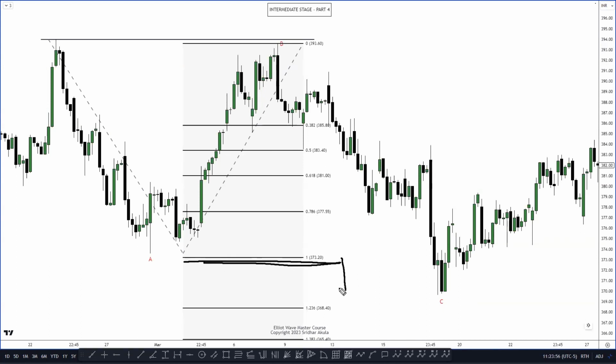Sometimes it even breaks. So in the textbook, this is your regular ABC move. I told you in the beginner stage, you never calculate the end of C in a regular ABC flat. You never calculate the end of it.